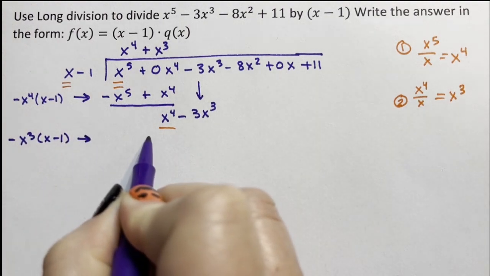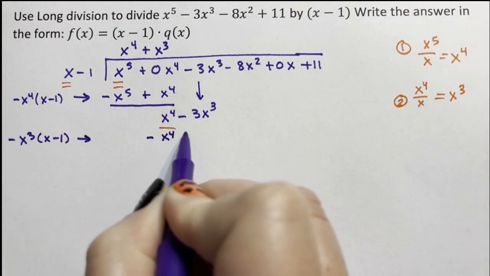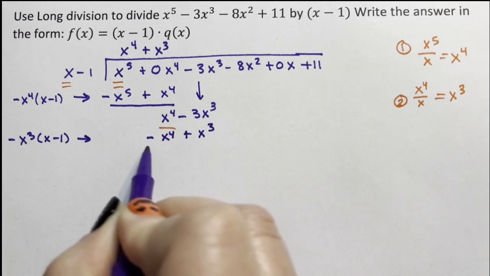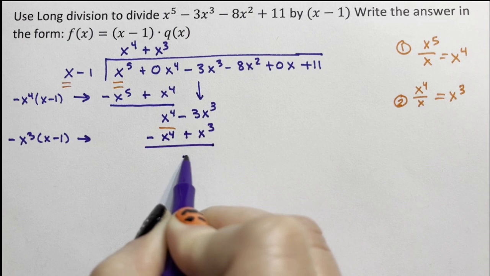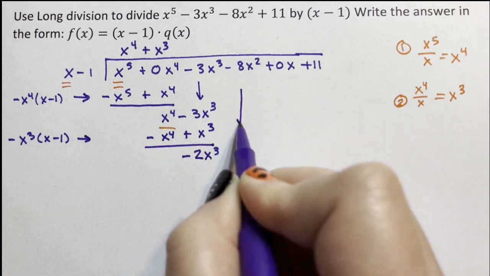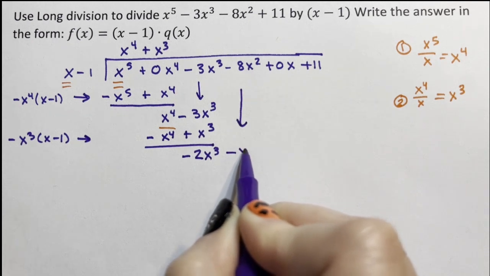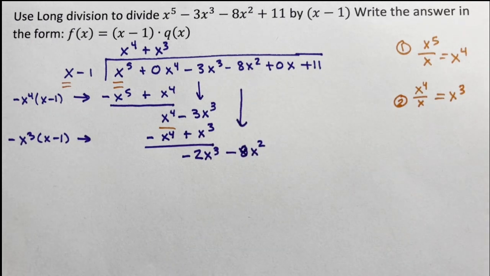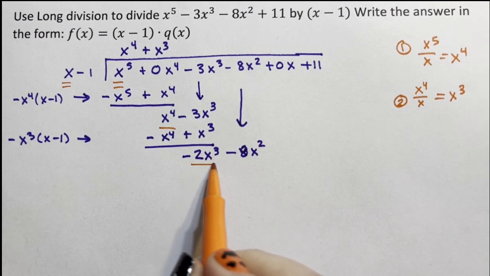And I'm going to get negative x to the 4th plus x cubed. And I'm going to get negative 2x cubed, bring the next term down, minus 8x squared. And this is my new leading term.